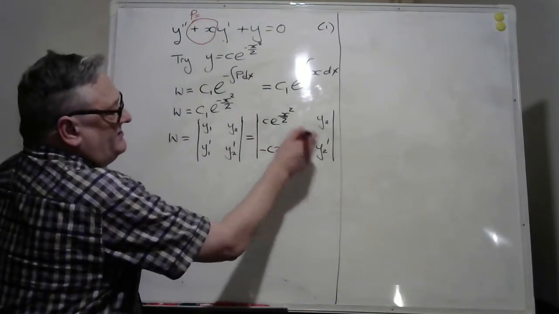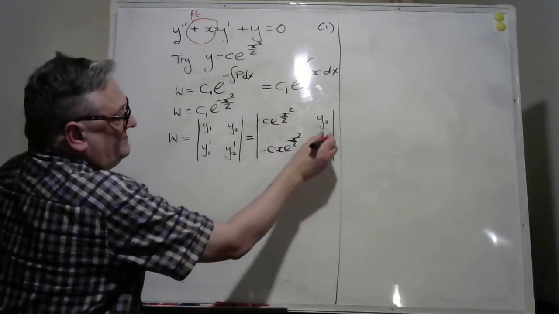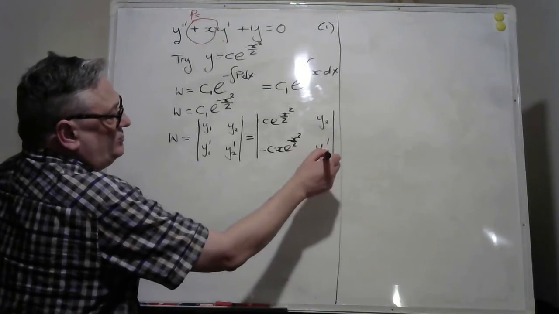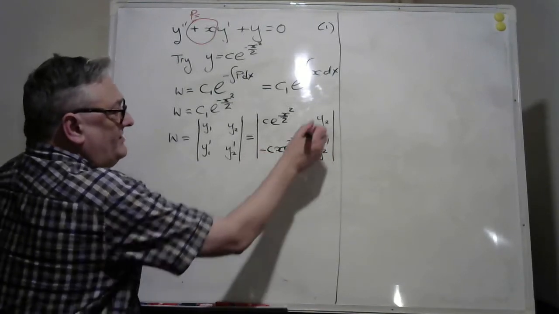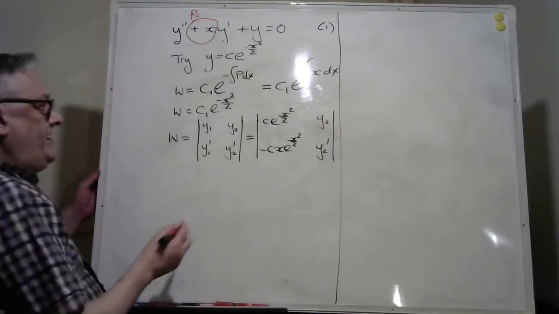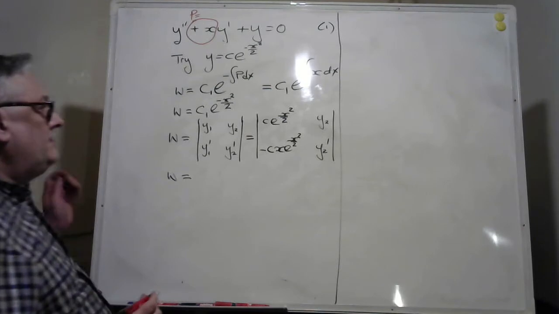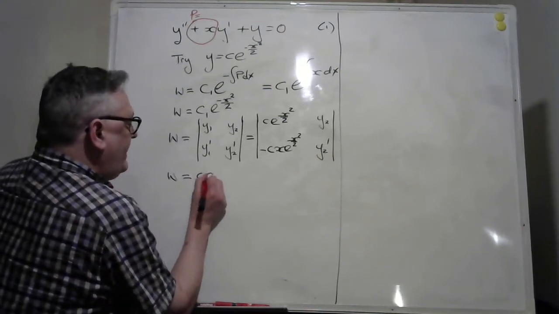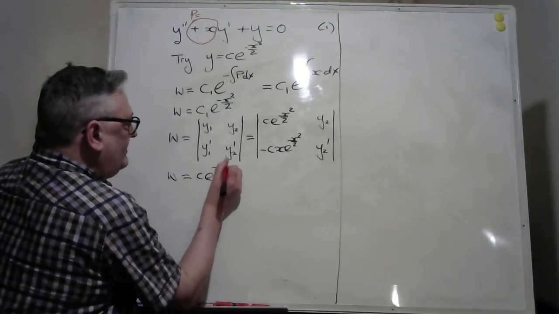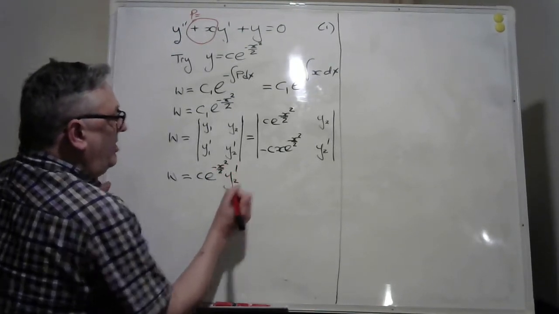Now, if you take the determinant of this, it's that first entry times the final fourth entry minus this third entry times the second entry. So what we have is the Wronskian is equal to c e to the minus x squared over 2 y2 prime.